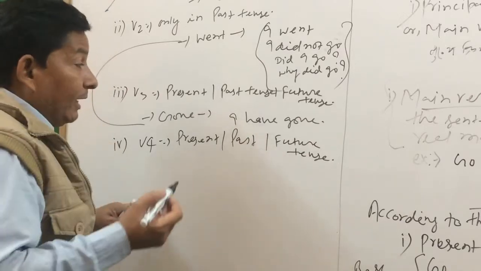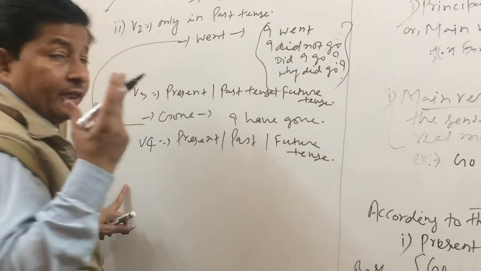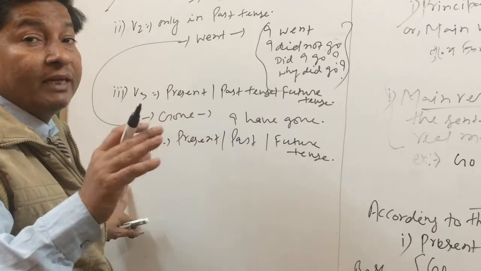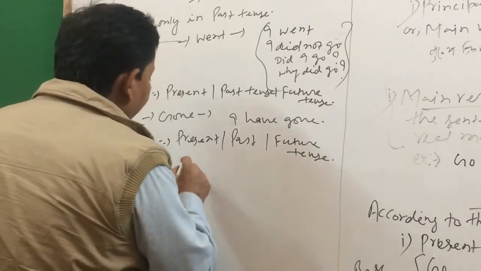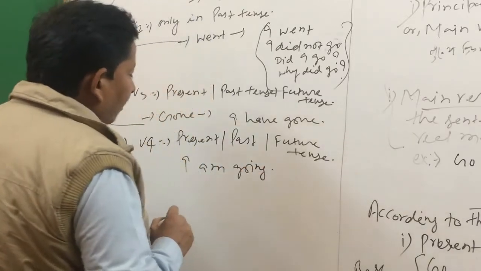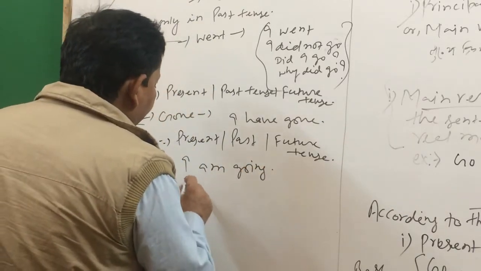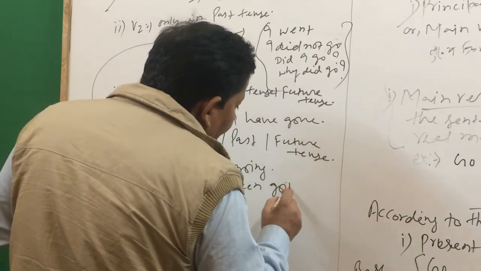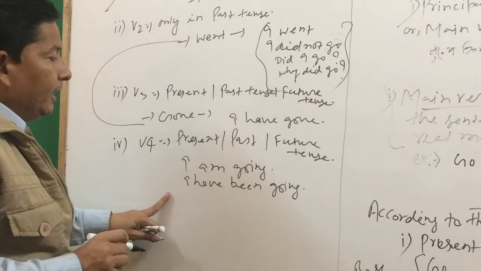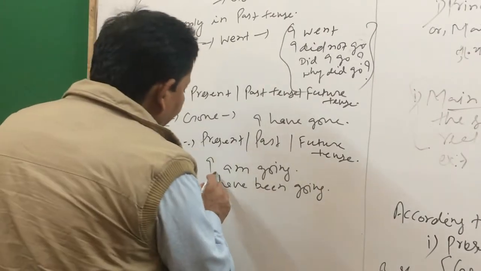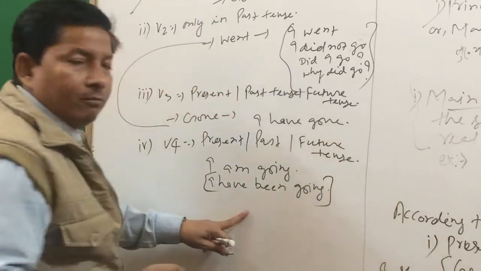See, but where two things, whether you just go the simple continuous or whether you just go perfect continuous. Such as we can say I am going, or we can say I have been going. Okay, in the last class already I have said that the real perfect continuous is this one.